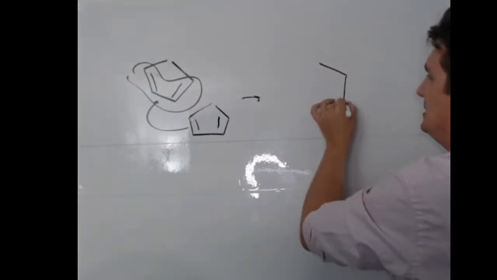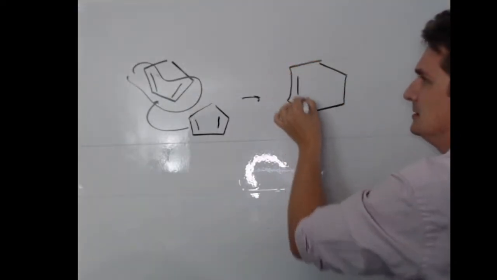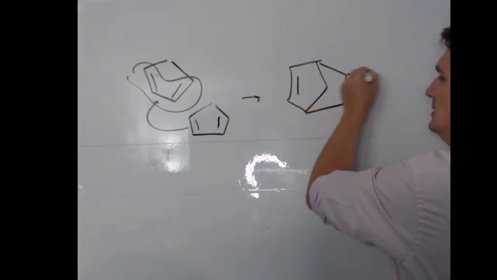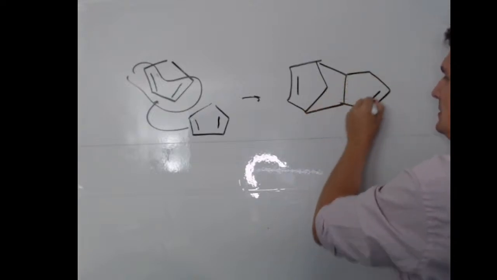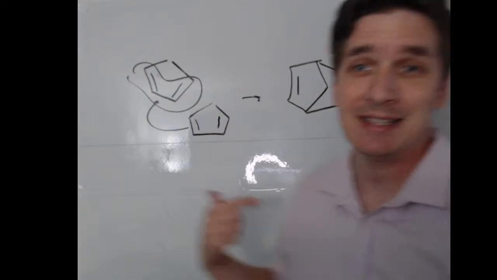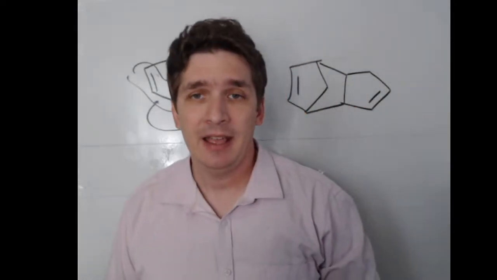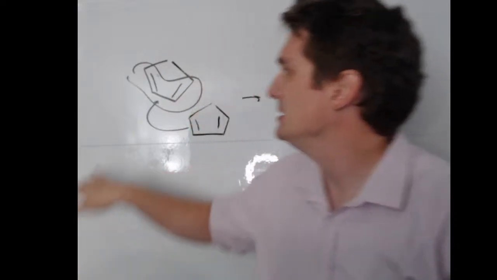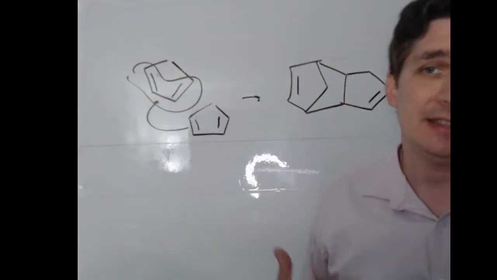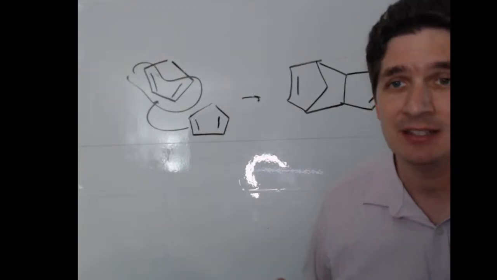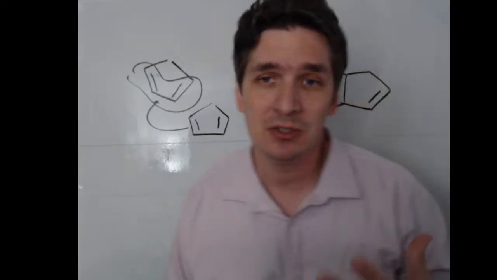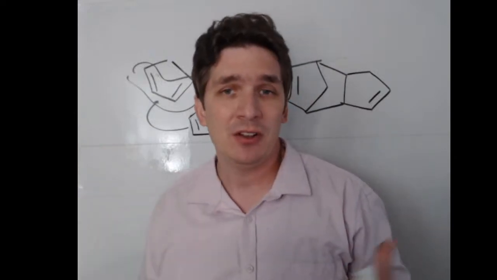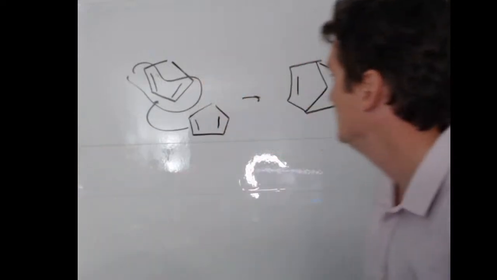And so you end up getting this structure here, which is called dicyclopentadiene. And that is not IUPAC naming whatsoever. This is cyclopentadiene. Dicyclopentadiene is called that because it's literally just two of them fused together. If you look at the actual naming rules for cycles and alkenes, this isn't true. But the reason they call it that is for very practical reasons.